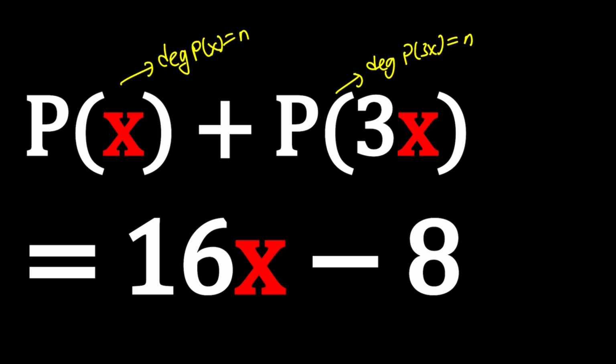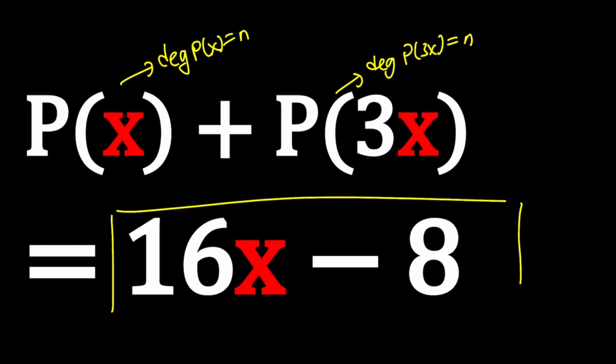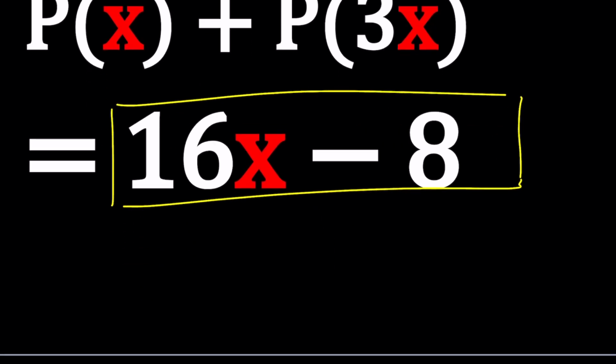But what we notice is that the degree of the sum is 1. So this is a linear sum. So p of x must be a linear polynomial. Could it be quadratic? Possibly in some cases, but not in something like this. So we're going to start by replacing p of x with ax plus b, which represents a linear polynomial in general.